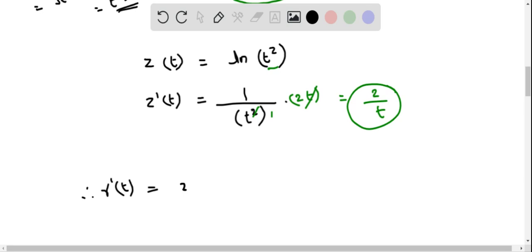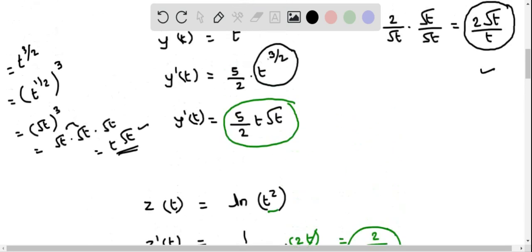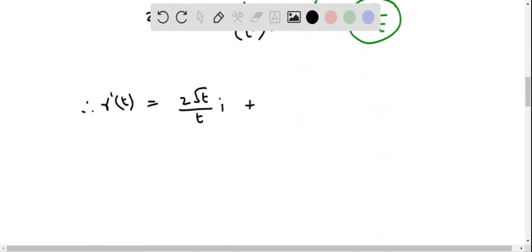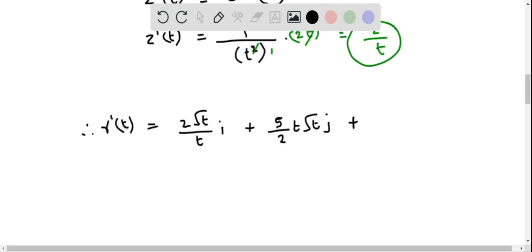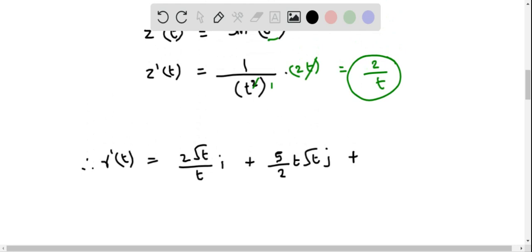So I write 2 root t divided by t i plus y prime of t j. So y prime of t is 5 by 2 t root t. So this is 5 by 2 t root t j. And then finally z prime of t times k. So it is 2 by t times k. And so this is the r prime of t.